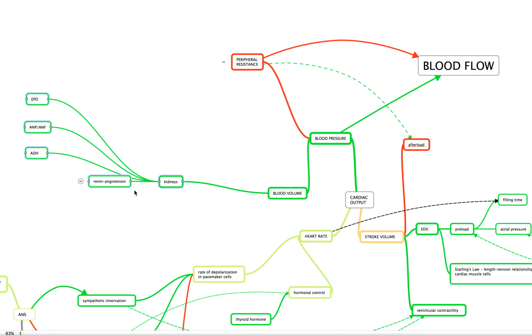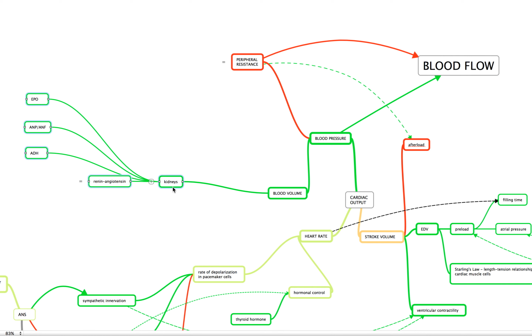The kidneys actually either secrete or respond to a few different hormones. EPO, we know that the kidneys actually secrete erythropoietin, which can cause red blood cells to be made via erythropoiesis. And we also know that ANP or ANF, which comes from the heart, can make the kidneys lose more water.